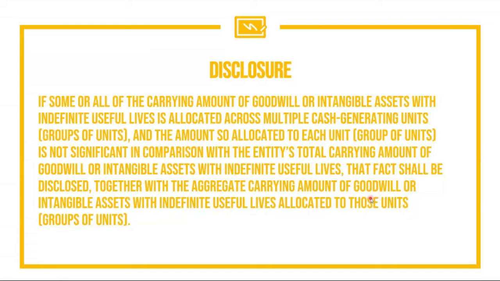So meaning even if there were goodwill that were allocated, that were impaired, if these are not significant, you still need to make that particular disclosure. Because the amount of goodwill that might have been derecognized is not actually going to result in a significant change in the financial condition or financial position of the entity. But still, you need to disclose that fact.